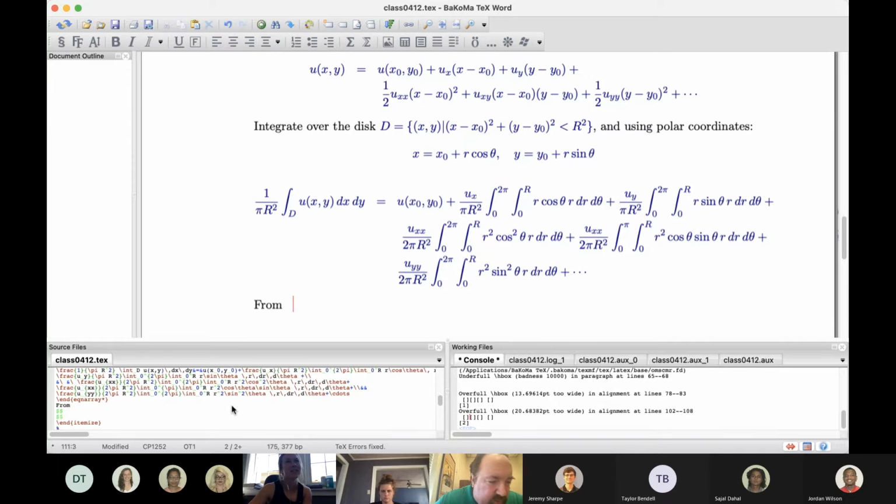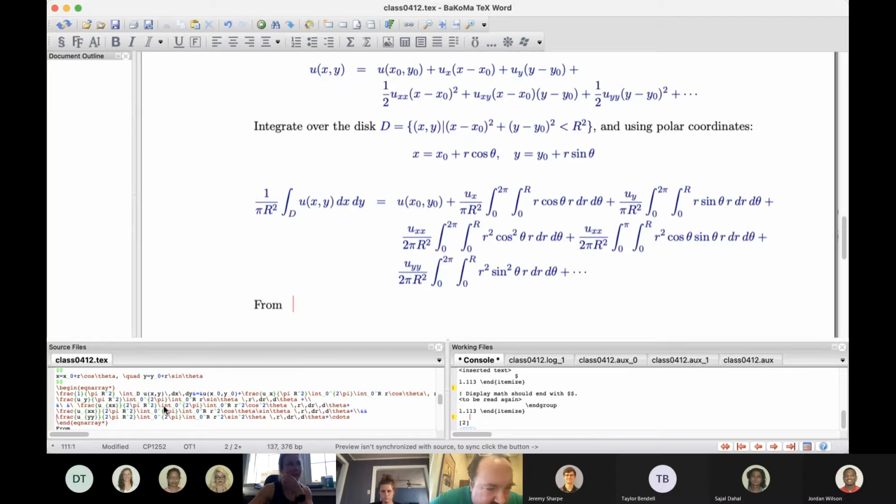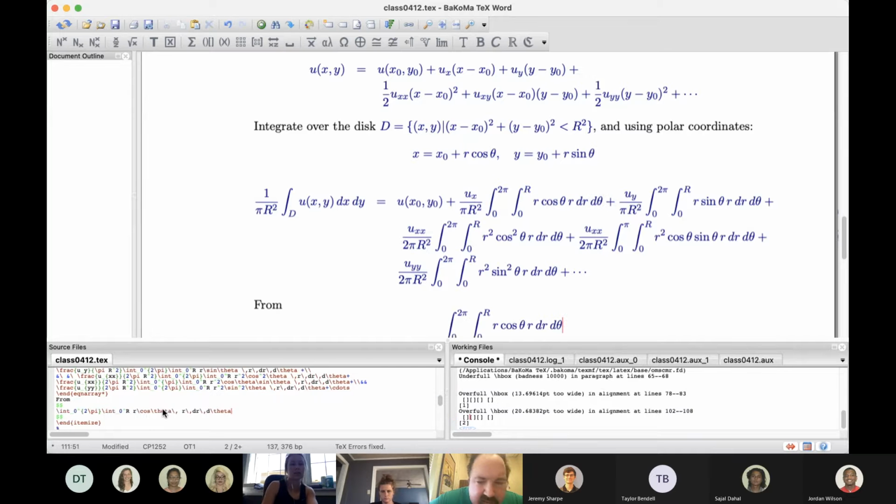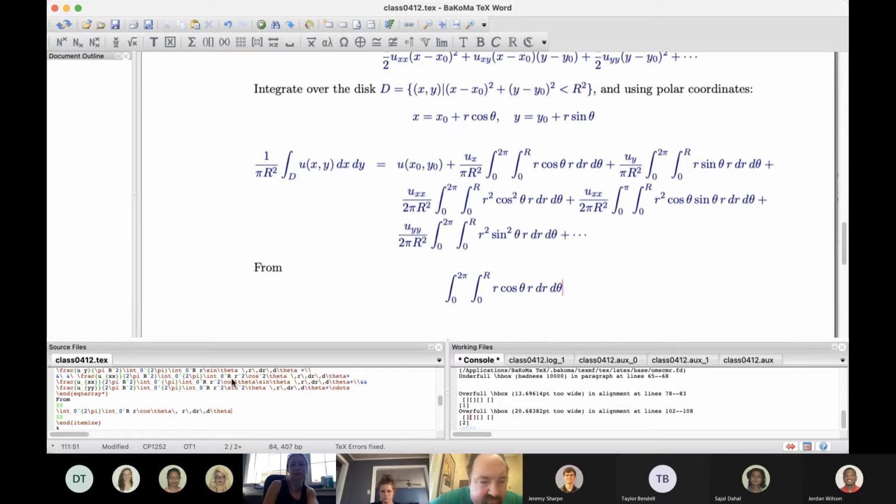So just to write out what I did, at least in that one example, if I take this first integral, now this double integral is a product of two single integrals, but this second one is 0.